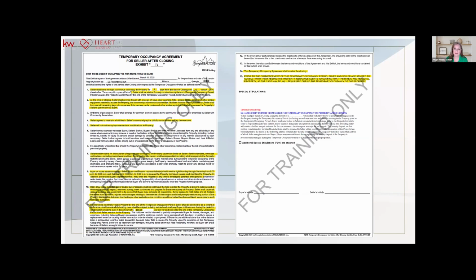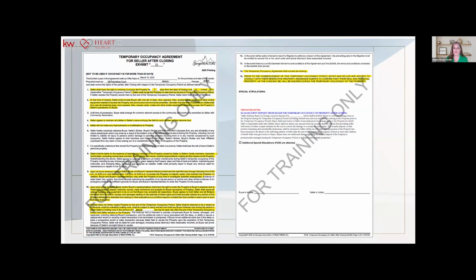The seller is going to be liable for any damages that are done during their time period while they're maintaining possession, including damages that are created by their invitees, such as their movers.